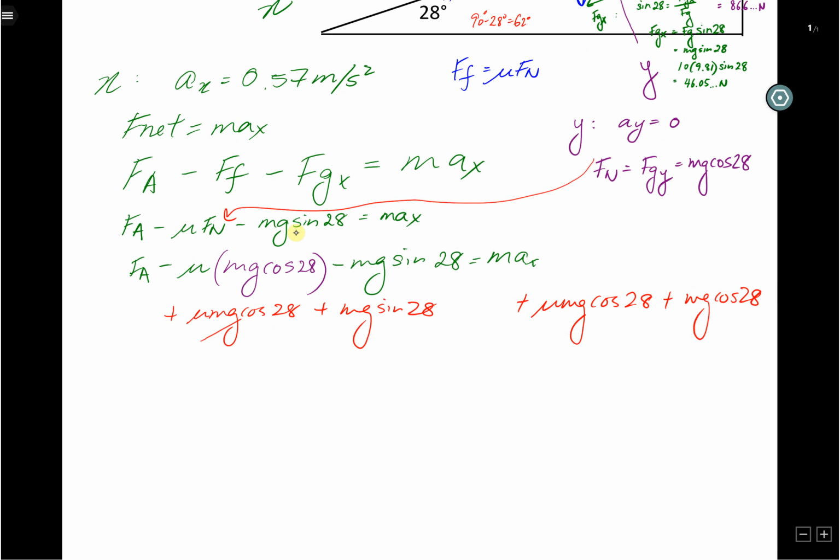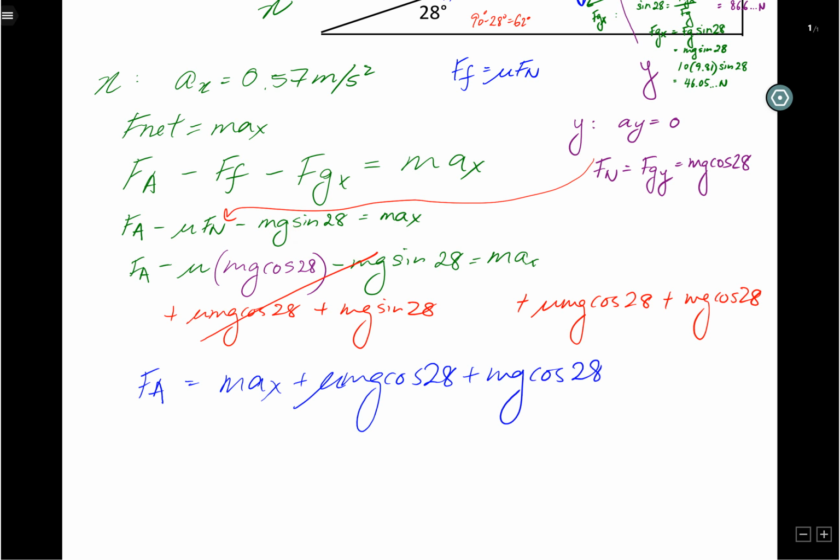This cancels. We are left with FA equal to MAX plus mu mg cos 28 plus mg cos, oops, my bad, this should be a sine. That's a sine. There you go.